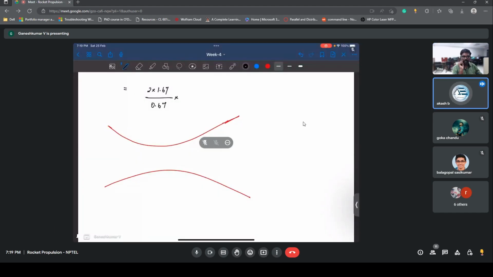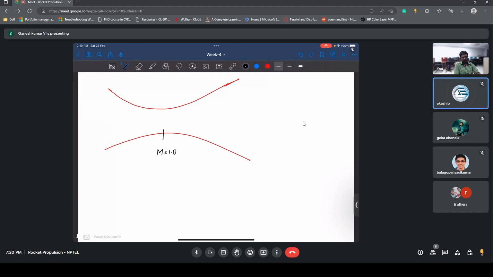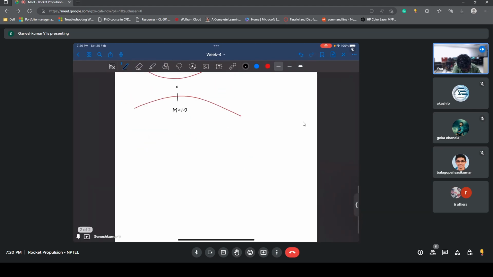Now we have this CD nozzle. We know that to have a choked flow, we need the Mach number at the throat to be 1, right? Yes, sir. So if the Mach number is less than 1 at the throat, we do not have a choked flow. Let me draw it here.